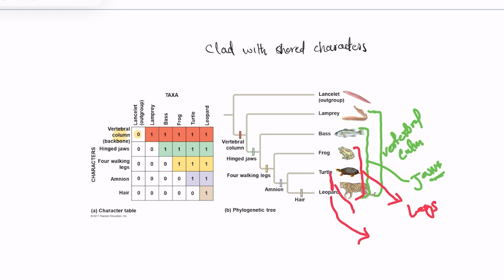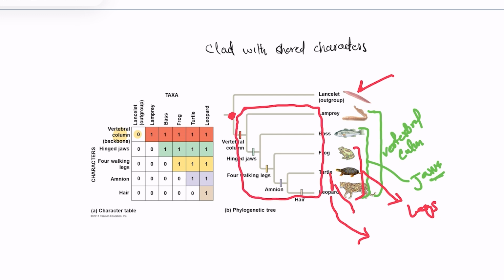So if we come here, you can see the ancestral character. What is the ancestral character? It is the one that is different. The ancestor doesn't have the vertebral column, but the descendants have the vertebral column, so they make a separate clade, on the basis of the vertebral column.